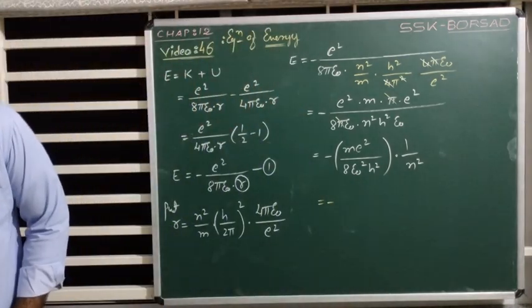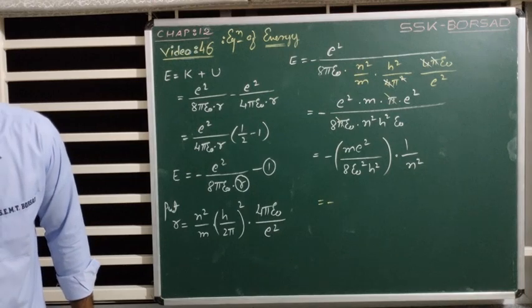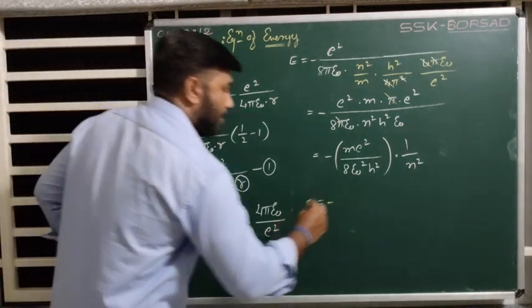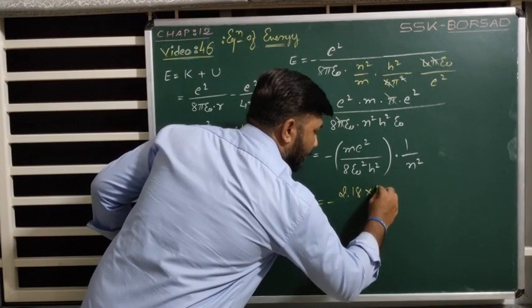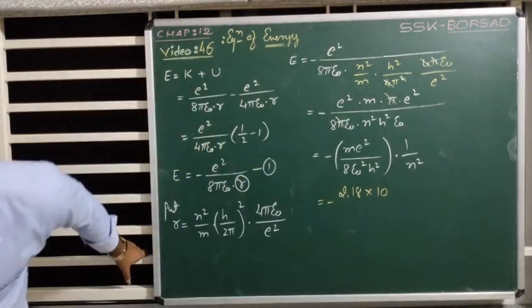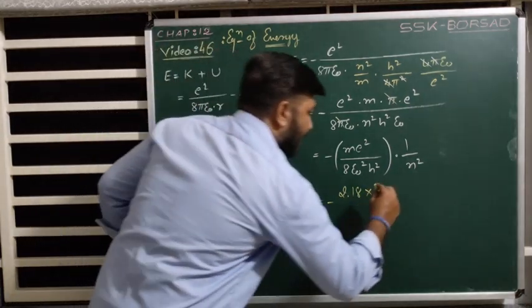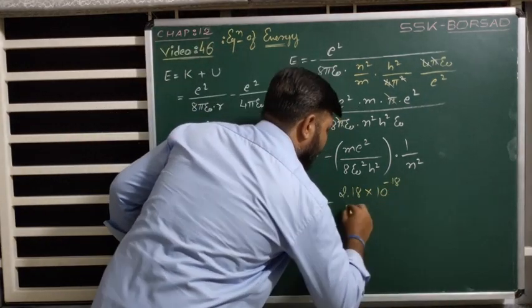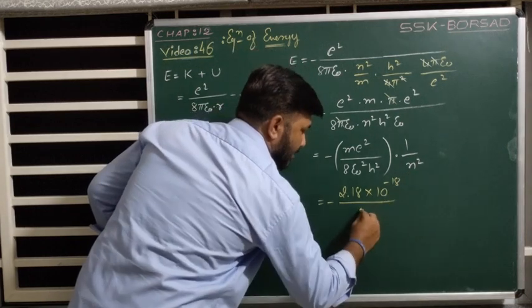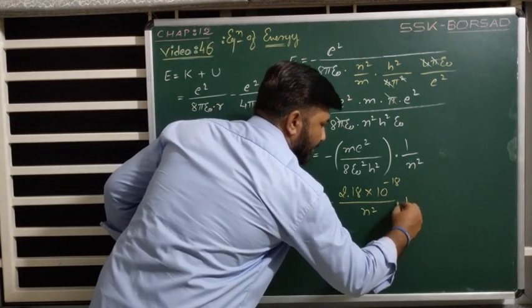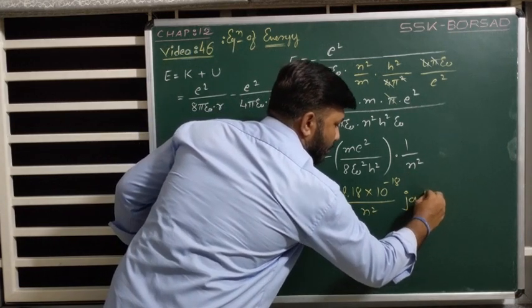After placing all the values, we get minus 2.18 multiplied by 10 raised to minus 18 divided by n square, and this will be in joule.